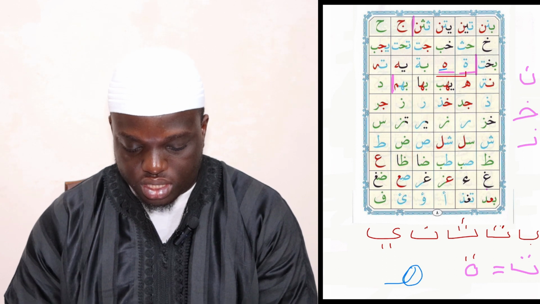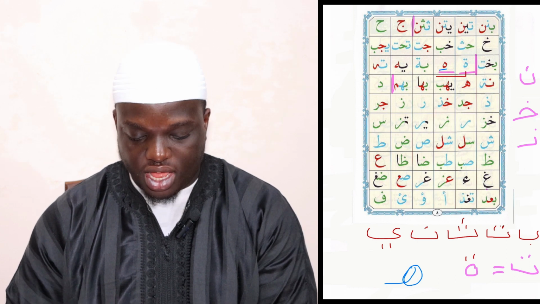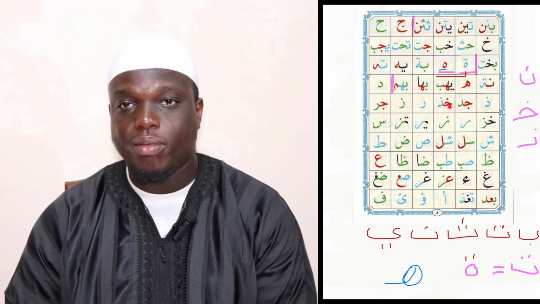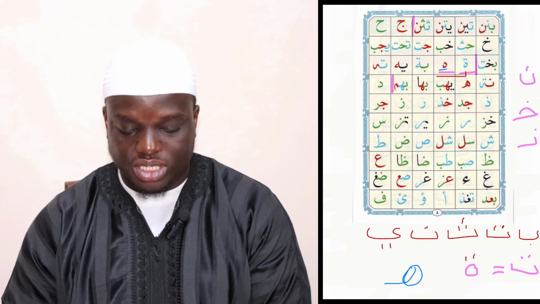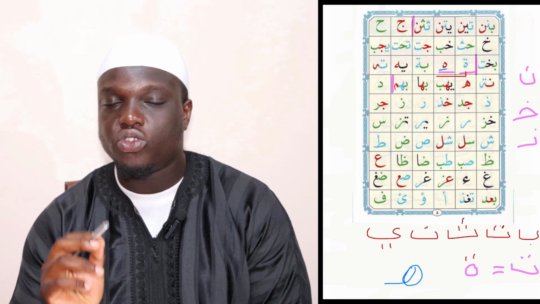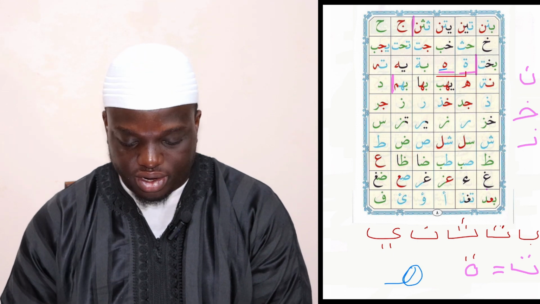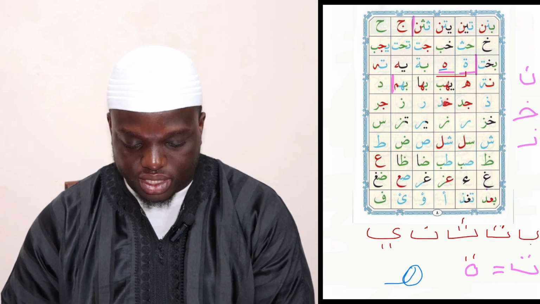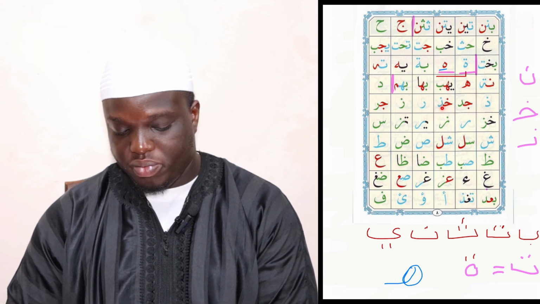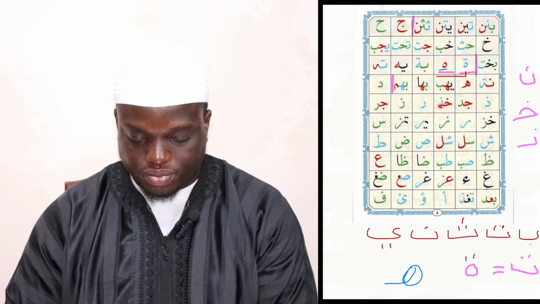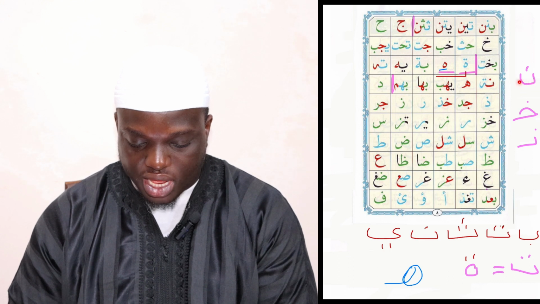What letter is this? Kha. So kha, dhal. Kha has one dot above it. Dhal also has one dot above it. So this is where we have to make sure we look at the shape first, then the dots. What shape is this? Dhal. Someone can say, oh, but this looks like a noon. But you see here, noon comes up, down.